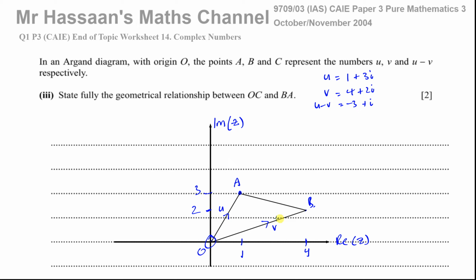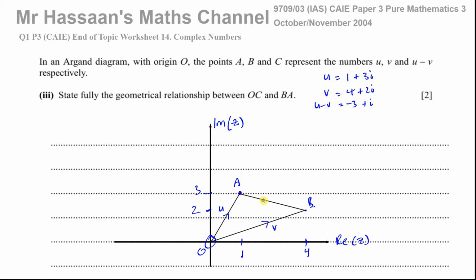If you think about this as minus v plus u, it is the same as u minus v. So this line here, if I put it on this side, is the same as what we're looking for. This is u minus v.